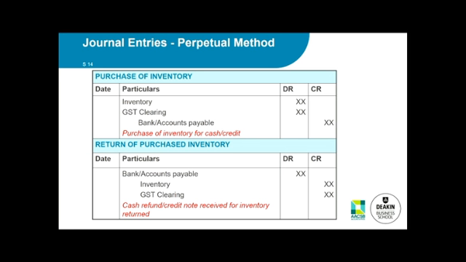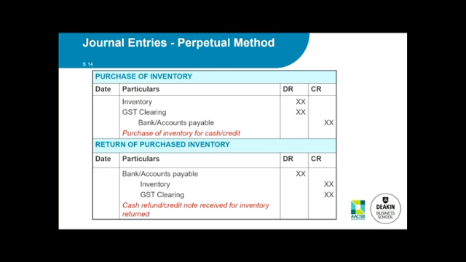When we return the inventory that we've purchased, we basically reverse the transaction. So we debit our accounts payable. We debit our bank account if we purchased it in cash and we're returning that. We obviously need to get rid of the inventory now.